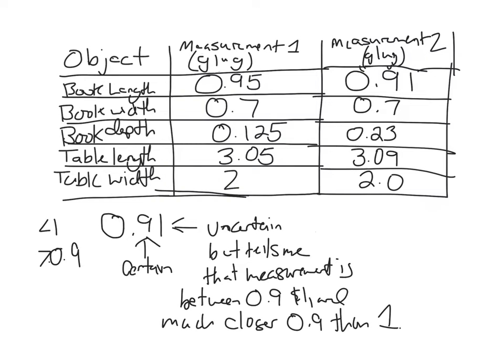This is an important reality to consider. We have a value that's certain followed by a value that's uncertain. That uncertain tells us something.